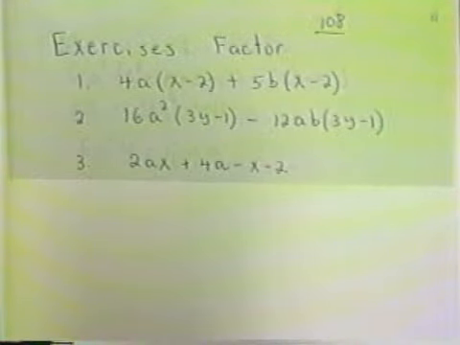The third one, 2ax plus 4a minus x minus 2. On the third one, you will need to break them into pairs, take out the common factor for each pair, and then see if you have a common binomial factor. Copy down the 3 problems and then stop the tape. Once you have worked the 3 problems, restart the tape to check your answers.